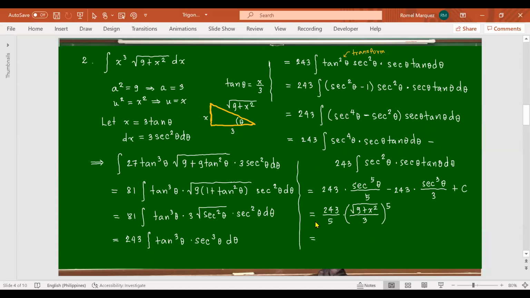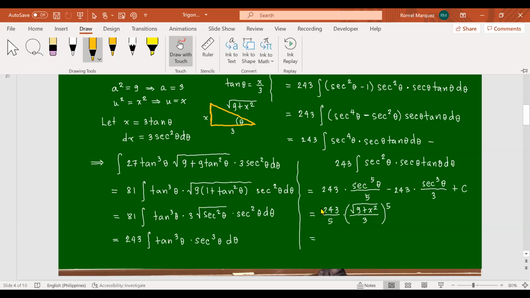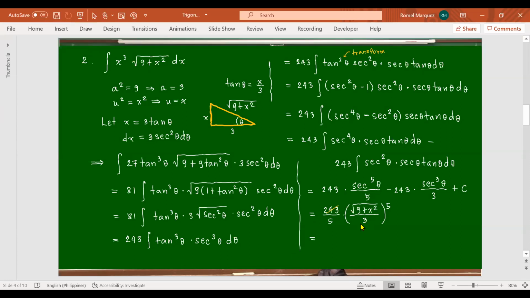So this 243 is cancelled out with this because this is raised to 5, leaving 1/5. Then 9 plus x squared raised to 5 halves. Okay, guys?